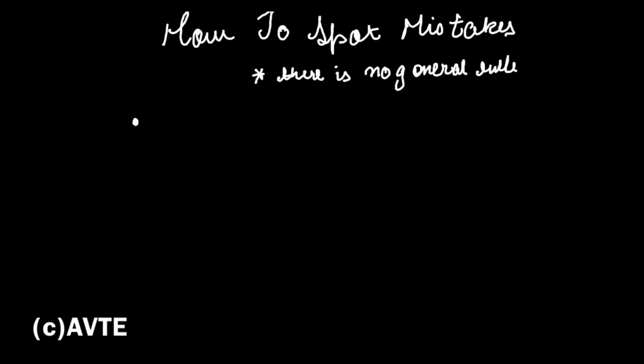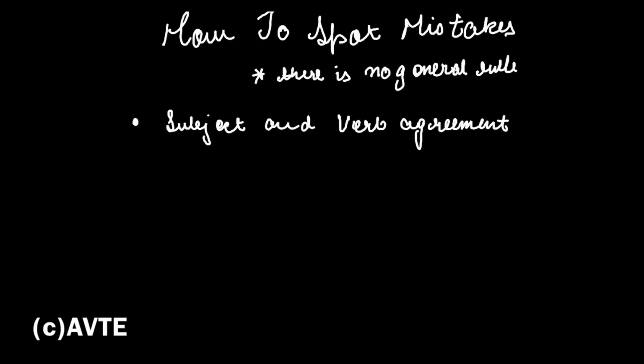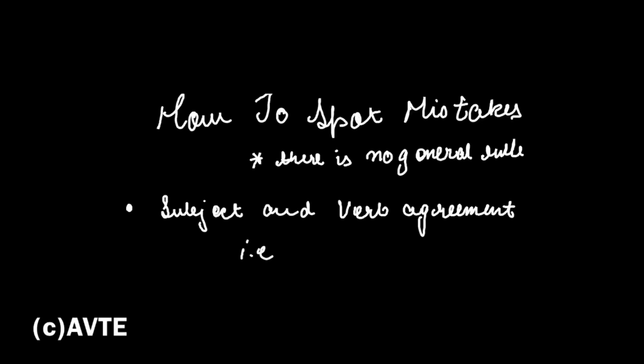So the first mistake lies in subject and verb agreement. What is subject and verb agreement? If the subject is singular, the verb has to be singular. Similarly, if the subject is plural, the verb has to be plural.